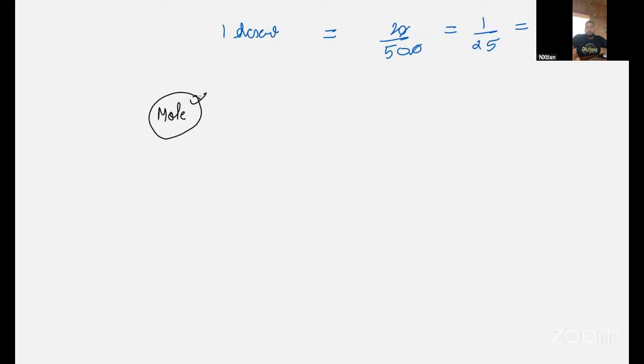You have to count. Now, if you go to the shopkeeper and ask for sugar, the person will not ask how many crystals you want. He will ask how many kilograms you want. The kilogram is the amount of substance of all the crystals.